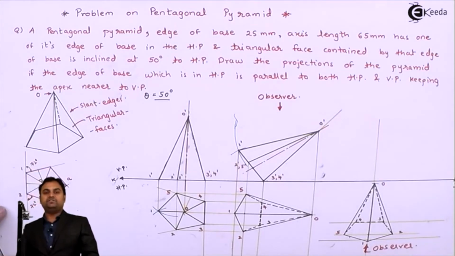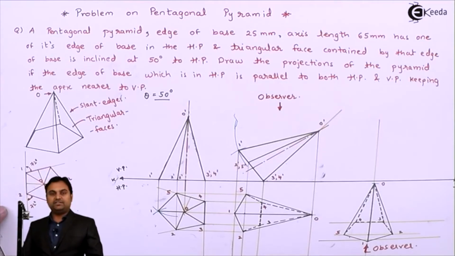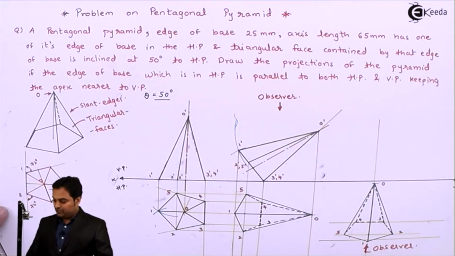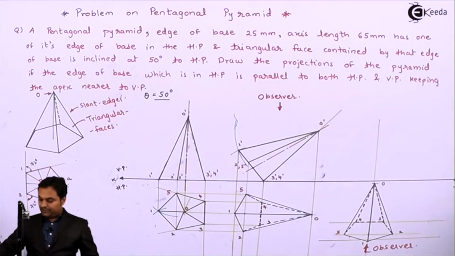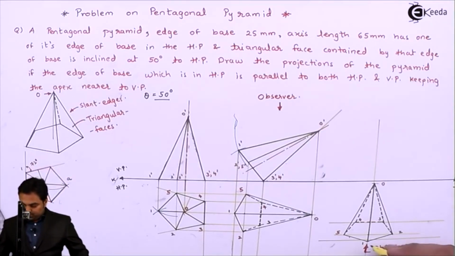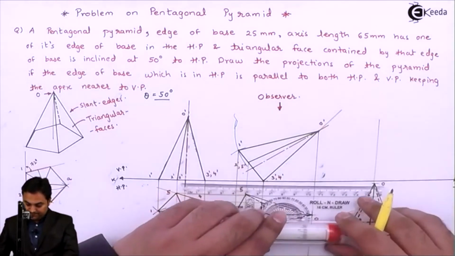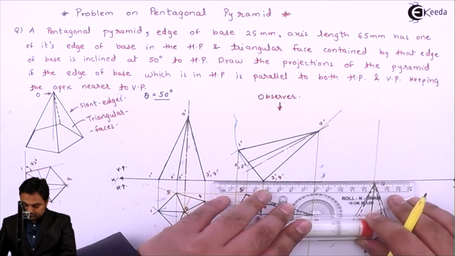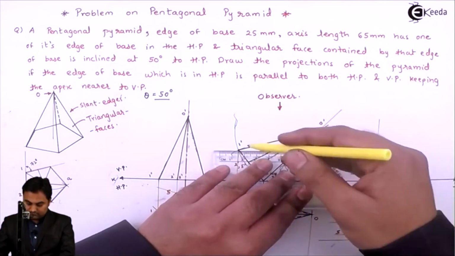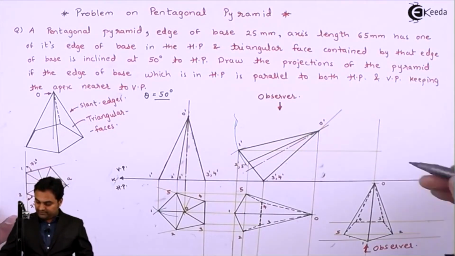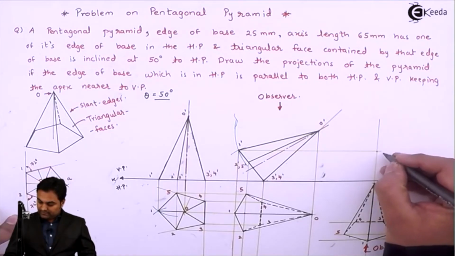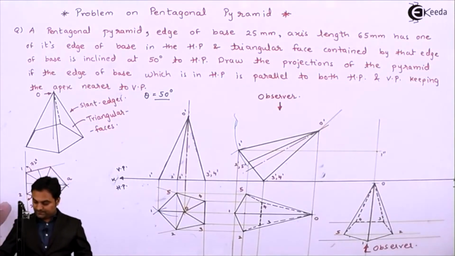So when observer is here, we have to draw the front view looking into this direction, and those points which are closer to the observer will be projected first, starting with point 1. Point 1 I have already drawn a line. So 1 dash and 1 wherever they intersect, that gives me the point 1 double dash.